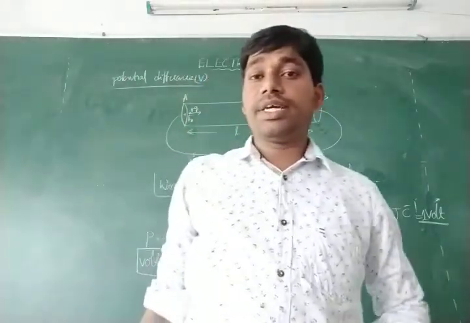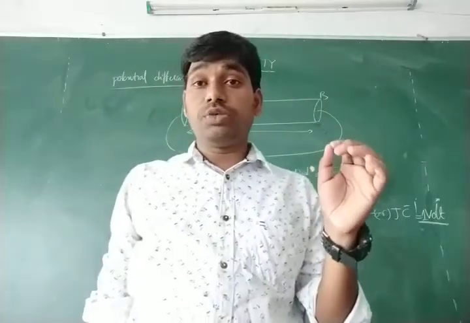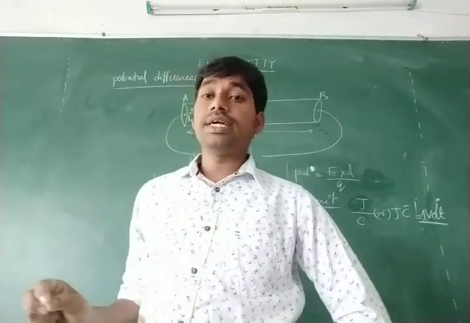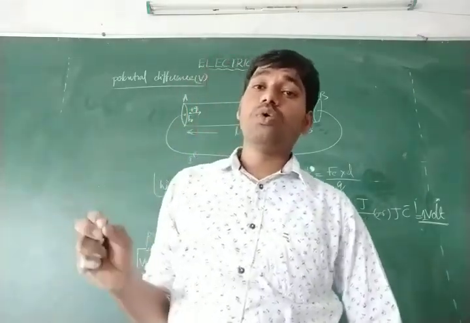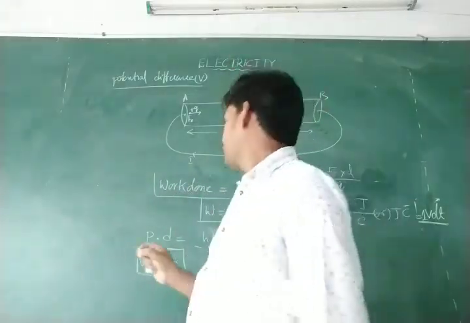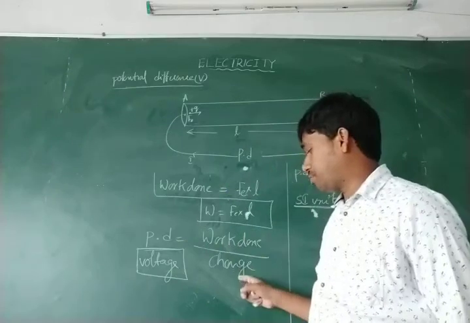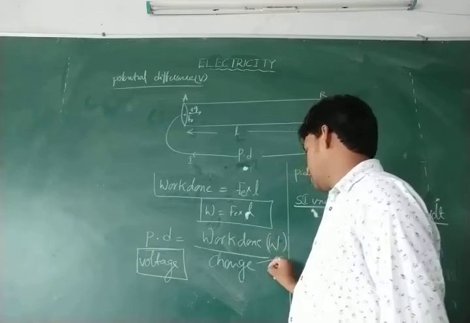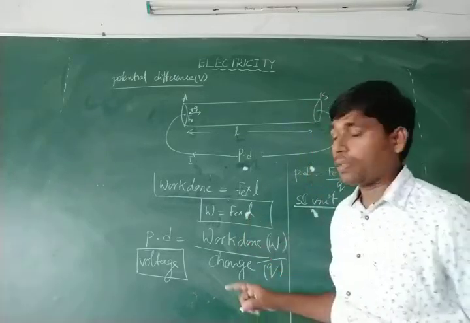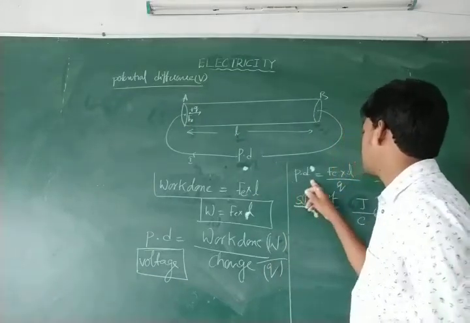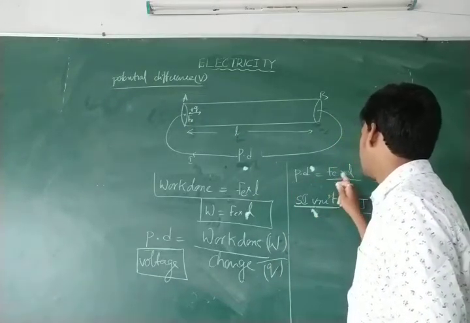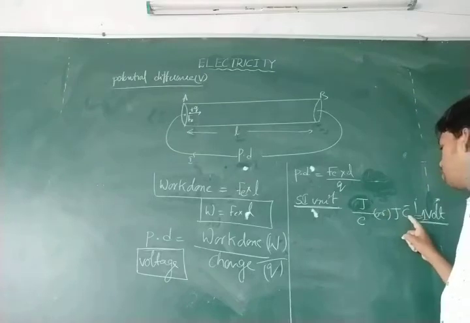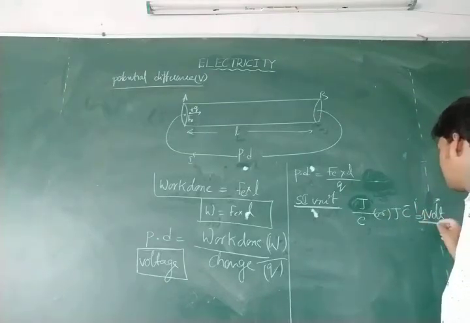So potential difference is defined as the work done to move a unit positive charge from point A to point B. And the formula is work done per charge, that is W per Q. Already we know W stands for Fe into L, and charge is Q, so potential difference is equal to Fe into L upon Q. The SI unit is joule per coulomb or joule coulomb inverse, which is also called volt.